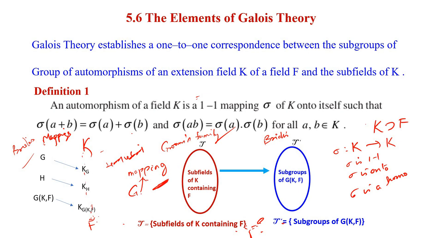So G is the collection of all automorphisms from K to itself. G is the collection of all automorphisms, not simply mappings. I just said mapping to remember what G stands for. So sigma from K to K such that sigma is an automorphism. This collection only we have in G.